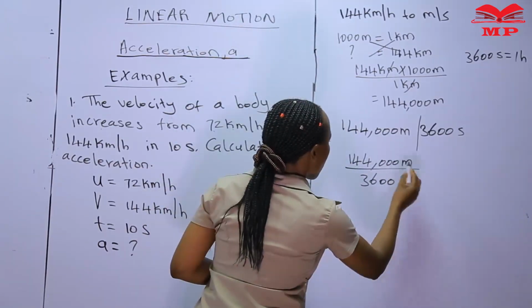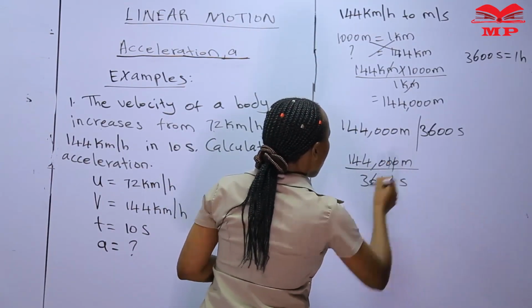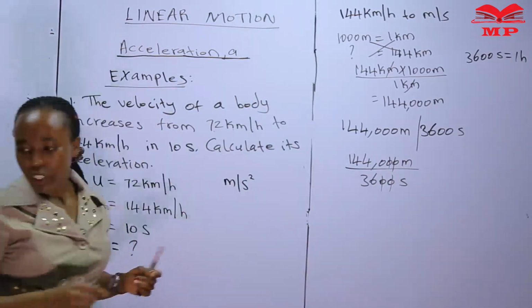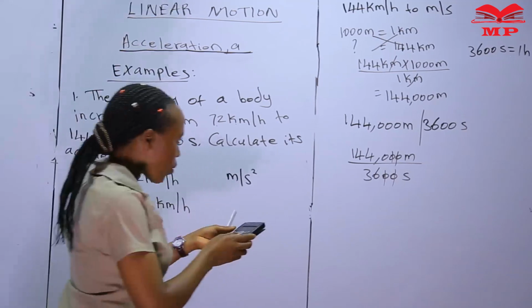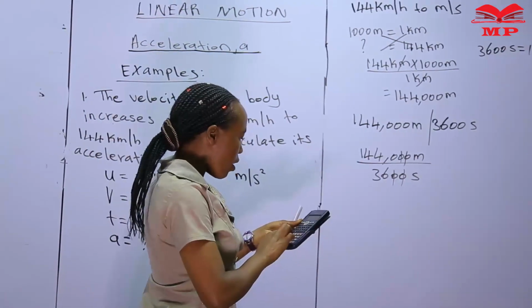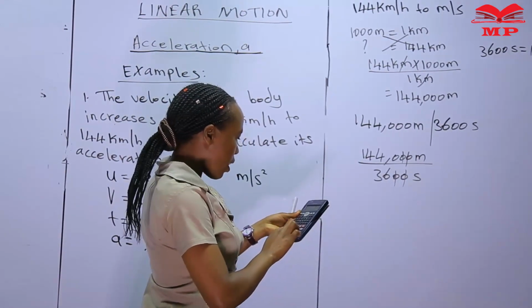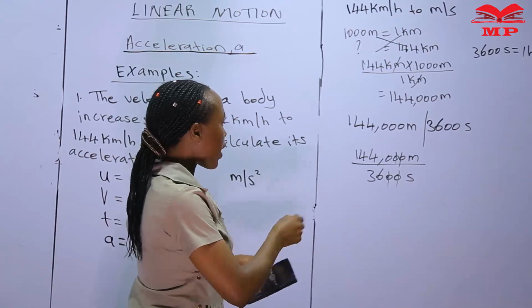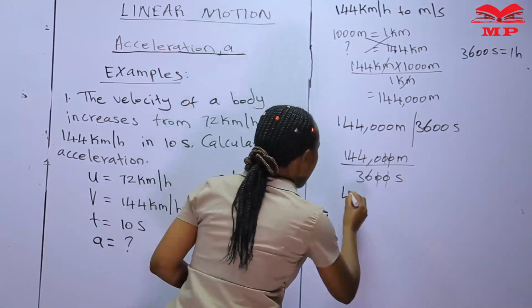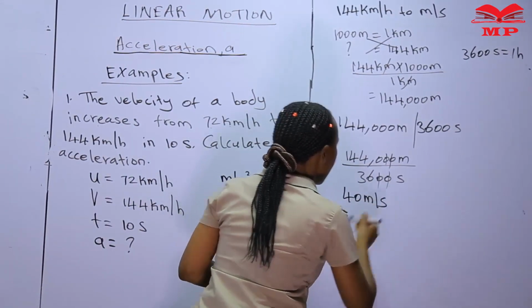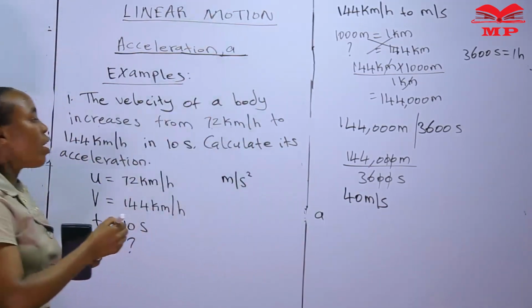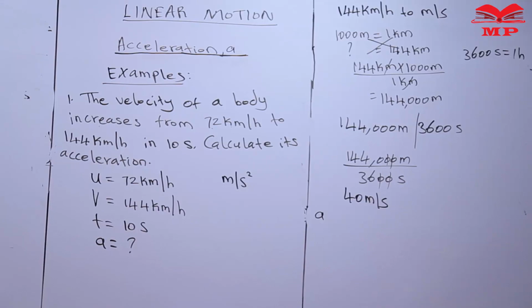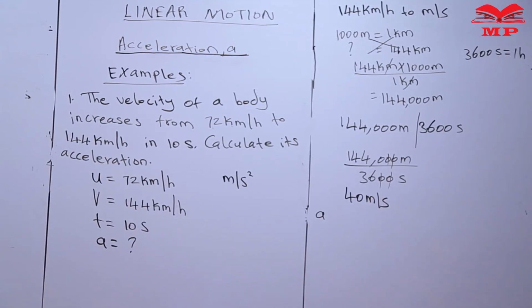If we cancel these two, now we have 1,440 divided by 36, and we end up getting 40 meters per second.